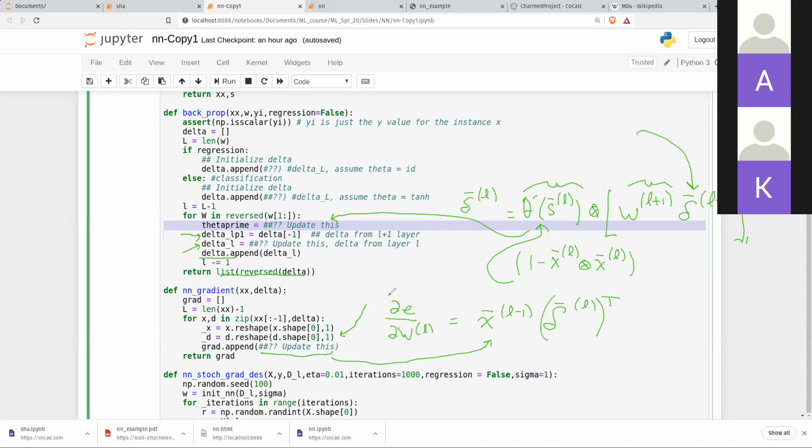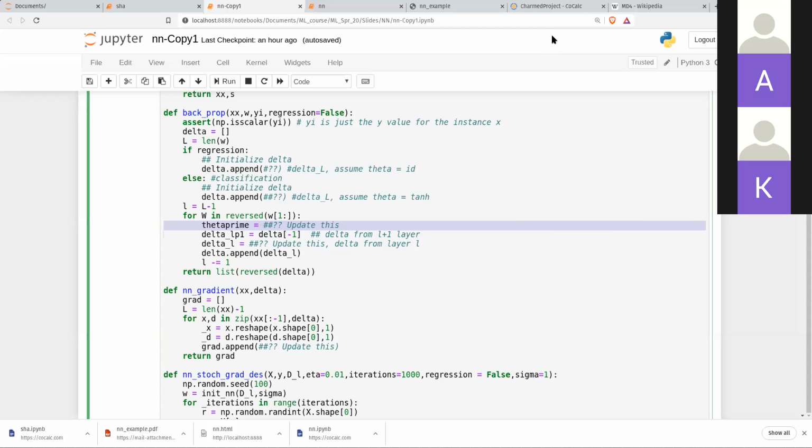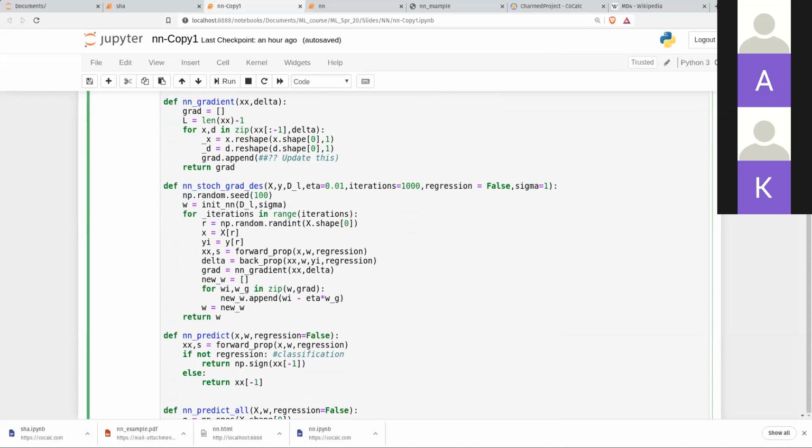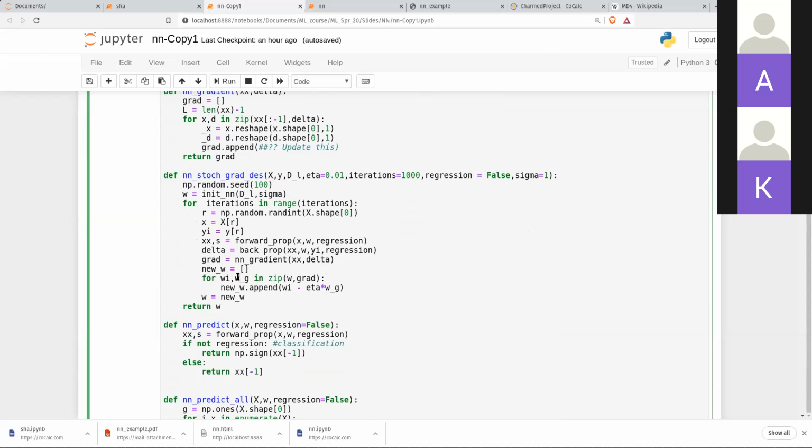And now you have a gradient, which is just a vector of all of these things. So you return that, and then you can do stochastic gradient descent. This is just ordinary stochastic gradient descent, and that's pretty much it. When you update the gradient in this version of gradient descent, you do it for each matrix, so it's doing it for each of the transition matrices. Okay.